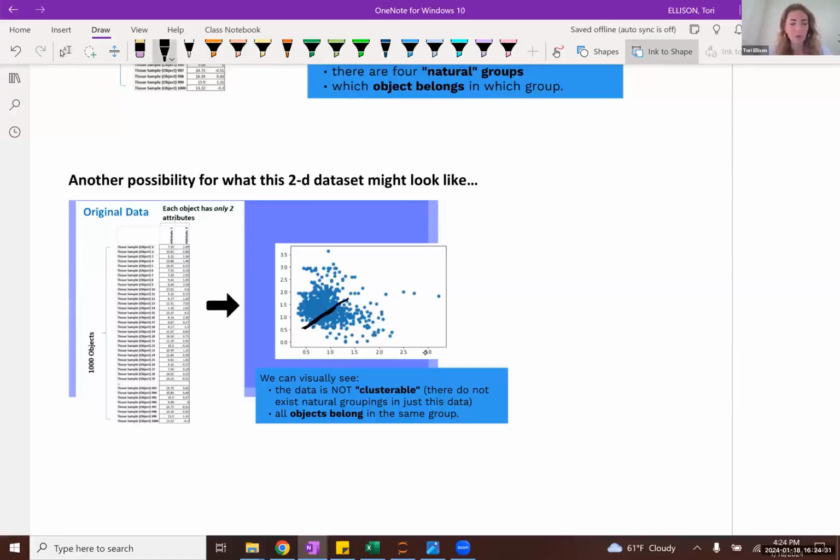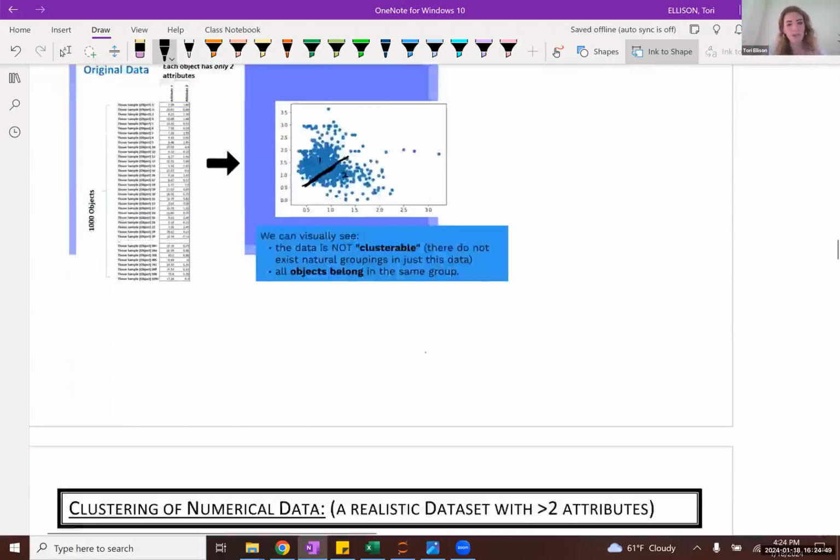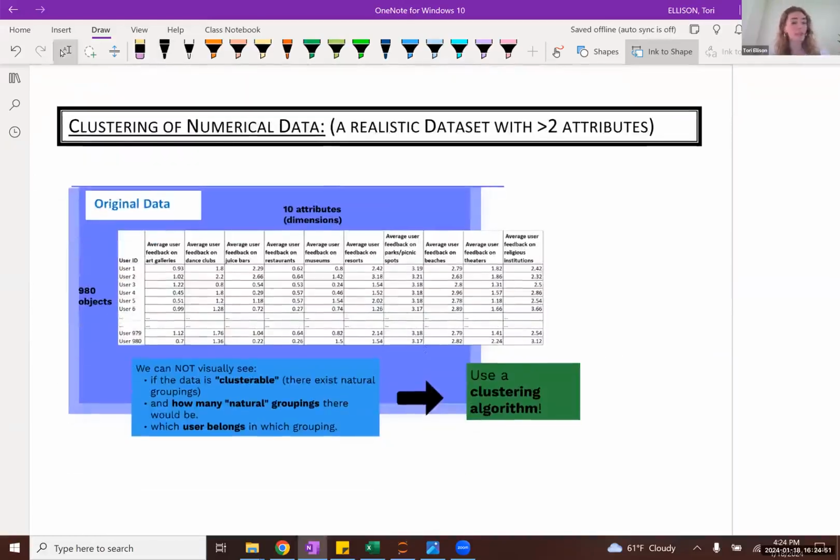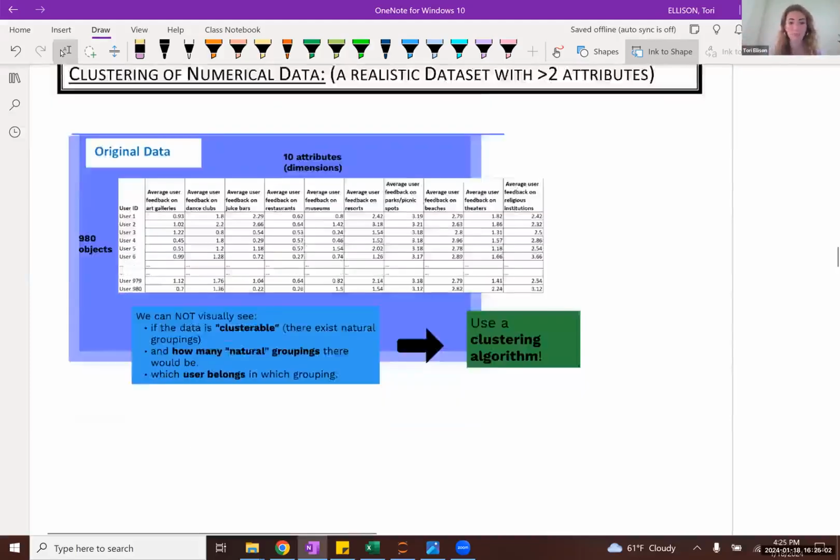It wouldn't make a whole lot of sense to perform a clustering algorithm on it, because if you clustered it into 2 clusters, you'd essentially be implying that there is something meaningfully distinct about these 2 sets of observations, when we can see with our eyes that there isn't. Now, the problem is we're dealing with a 10-dimensional data set, so we're not able to see the answers to these questions in 10 dimensions. Therefore, we need to use a clustering algorithm to answer all these questions for us.